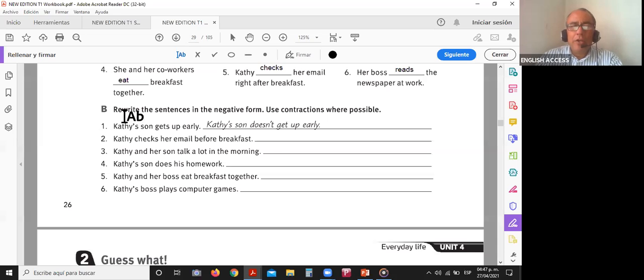Then we rewrite sentences in the negative. Kathy's son gets up early. Kathy's son doesn't get up early. This is important because here we are using "doesn't" to say no. So we don't change the verb with an S because we have "doesn't."